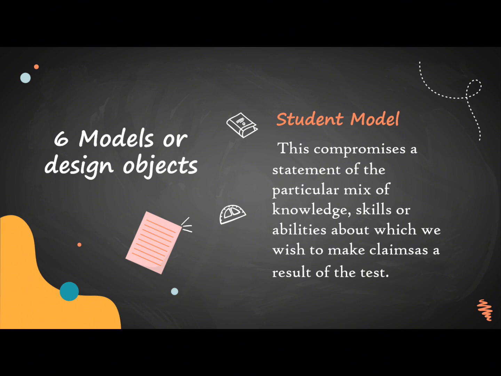So, in this first model, our first concern is the test takers. This is the highest level model and needs to be designed before any other models can be addressed. As I have said earlier, we will be discussing six models, but prior to the five remaining models, we have to discuss this first.